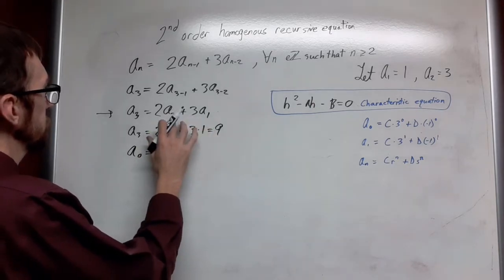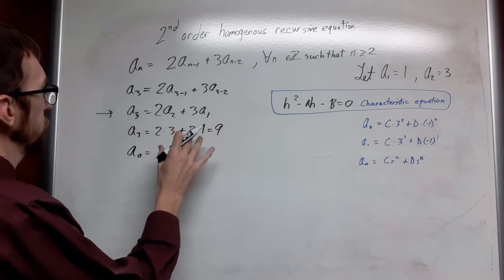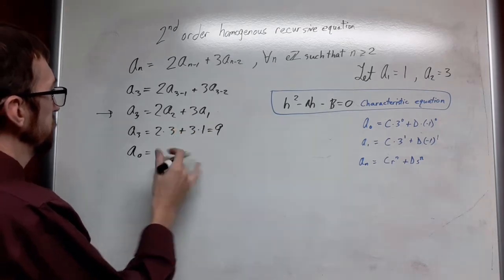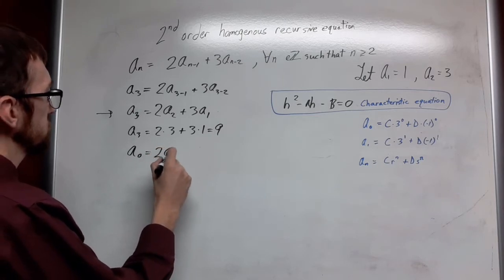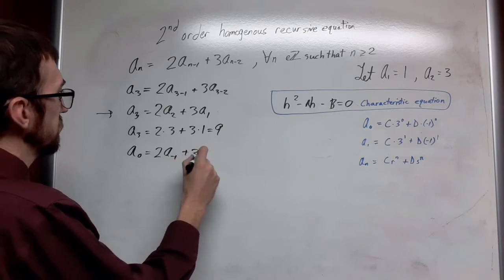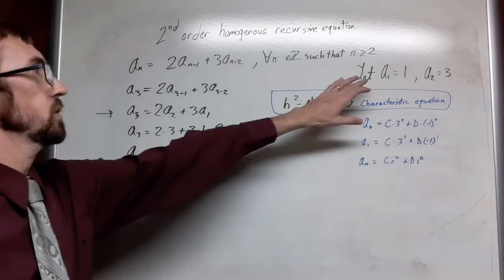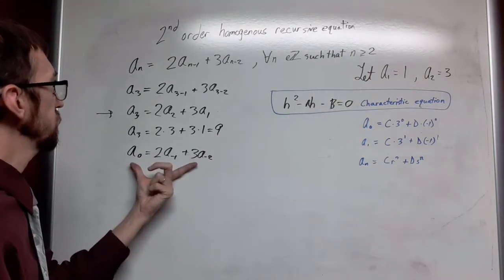Over here, I need progressively smaller terms as well. But that's not going to work. This would be negative 1, and this is going to be negative 2, and that's well outside of our reach here. So this approach isn't quite going to work.